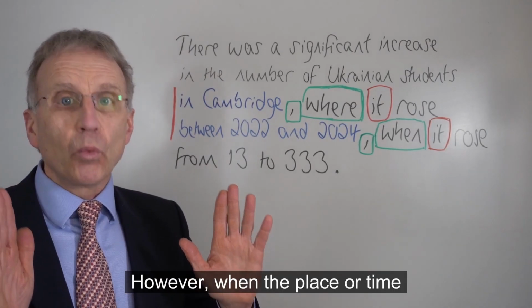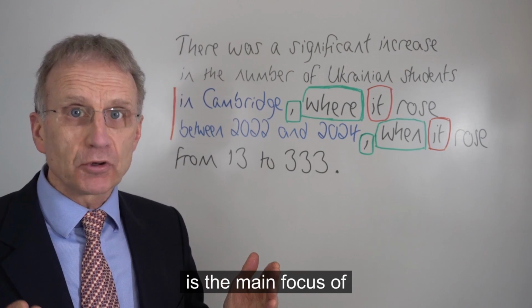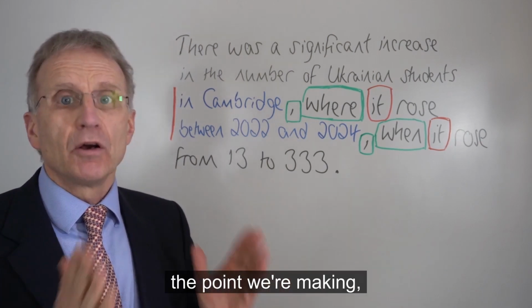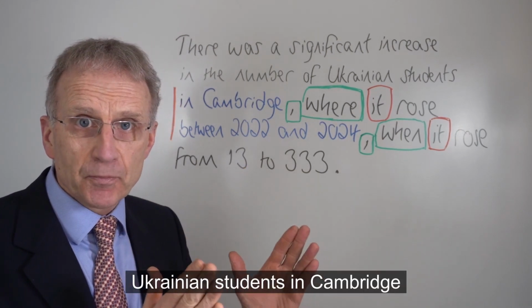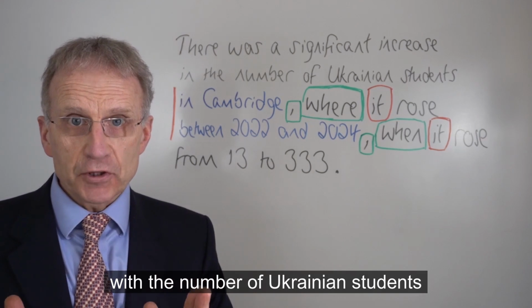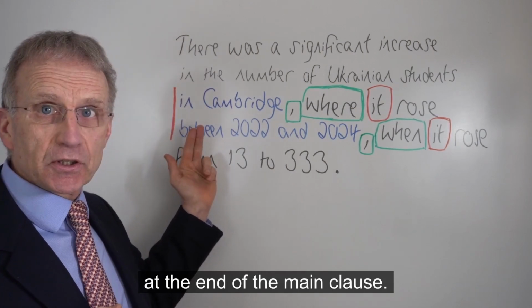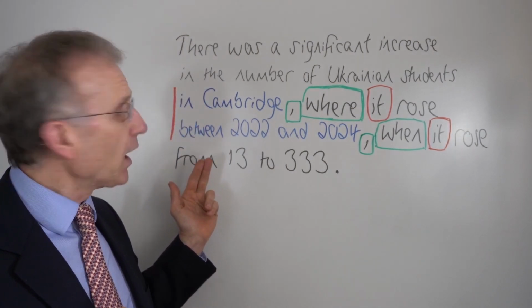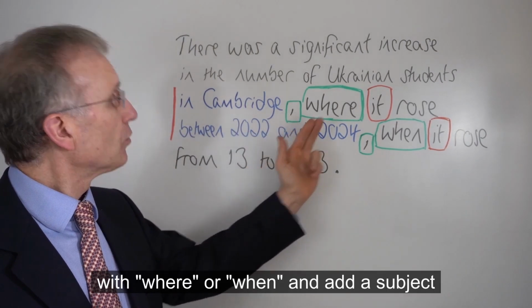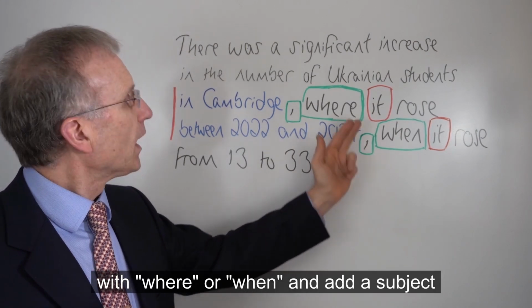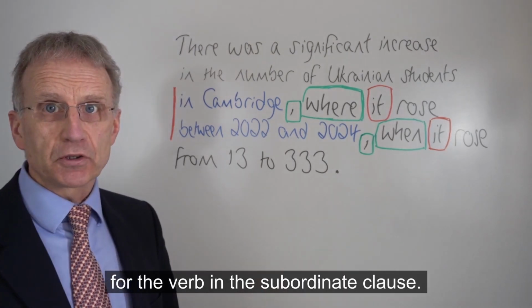However, when the place or time is the main focus of the point we're making, for instance, if we're comparing the number of Ukrainian students in Cambridge with the number of Ukrainian students in Oxford, we normally put it at the end of the main clause. And then we need to replace which with where or when, and add a subject for the verb in the subordinate clause.